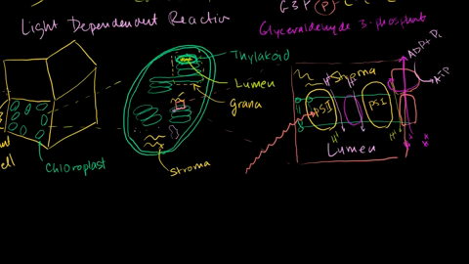I'm going to go into more detail in a second. But this process that I just described is called photophosphorylation. Why is it called that? Well, because we're using photons. That's the photo part. We're using light. We're using photons to excite electrons in chlorophyll. As those electrons get passed from one electron acceptor to another, they enter into lower and lower energy states.